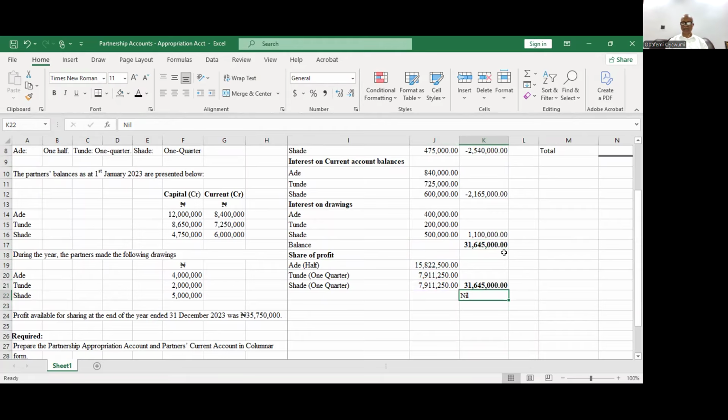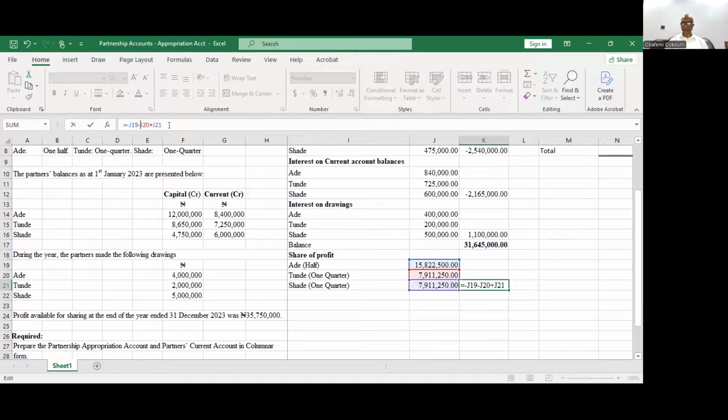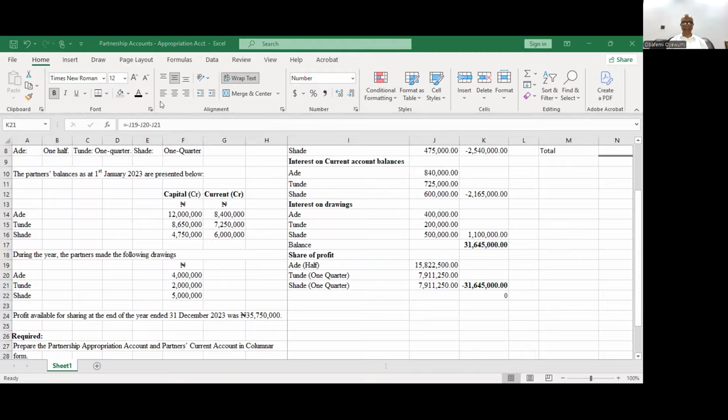So here we have a nil figure. To put it in the right perspective, we can put a negative sign to capture the treatment appropriately, and you're going to have a zero figure at the end of the day. So that talks about appropriation.